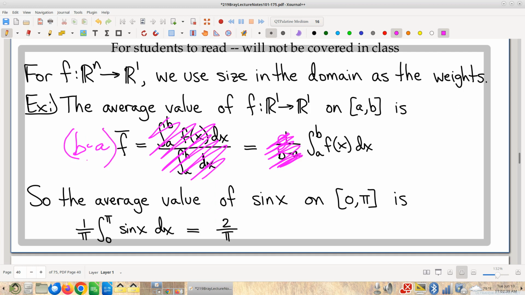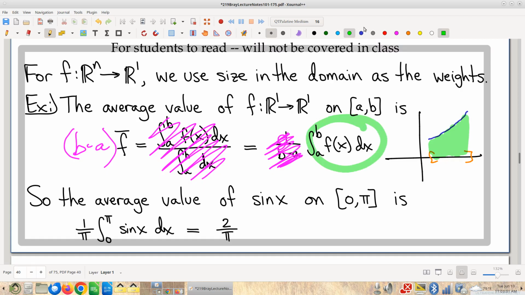And then notice what we have is that for an interval from a to b, looking at some function, the average value is the value that makes this area equal to, well, let's see here. Where's the average value on this picture?